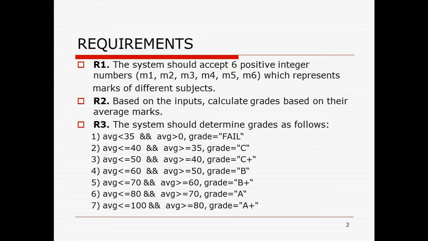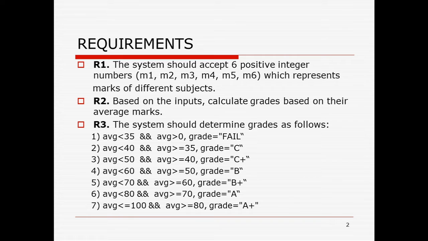The 6 marks are M1, M2, M3, M4, M5 and M6. Depending on these 6 marks, for each of the students we'll calculate the grades, and this grade will be based on the average of these 6 subjects.